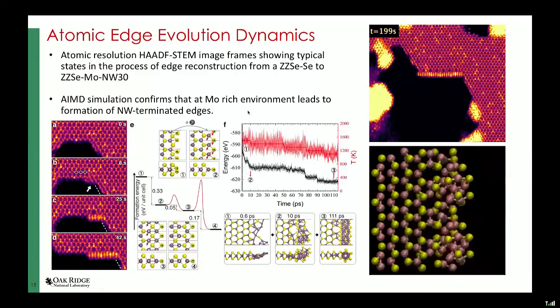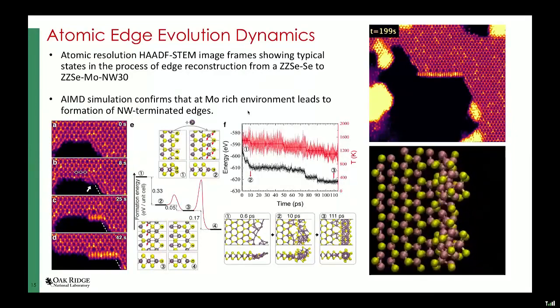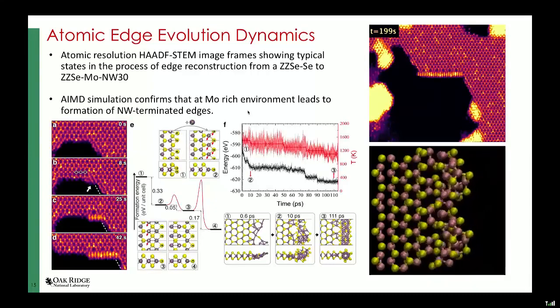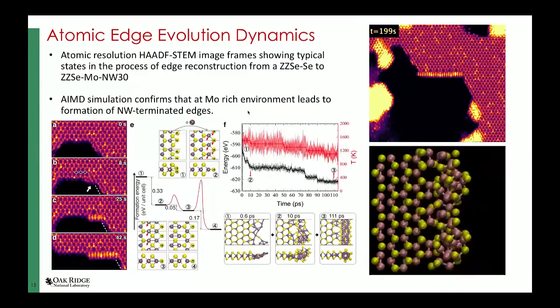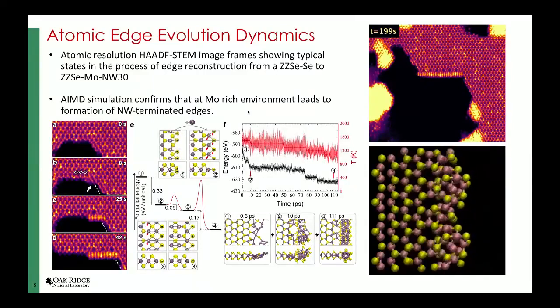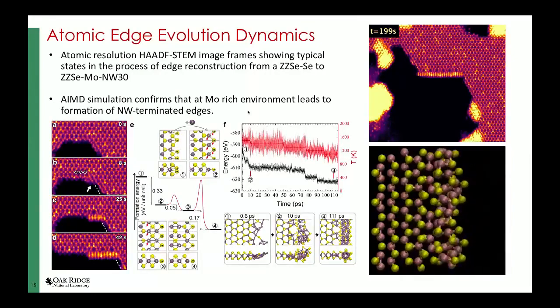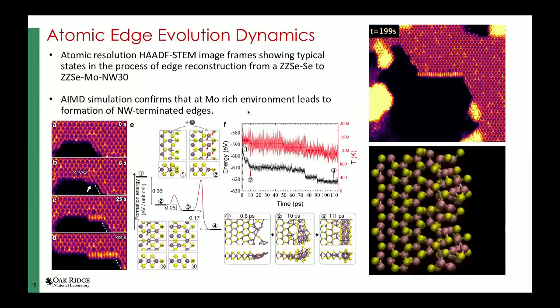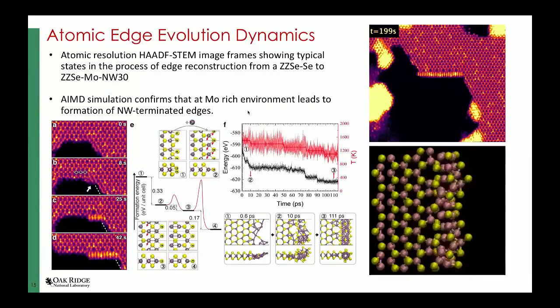Of course, the time scale in molecular dynamics simulations versus what we can do in in situ microscopy experiments is a big difference. We're talking picoseconds for the MD simulations to seconds per frame for the STEM image sequences. However, the end result is roughly the same in that we're able to use the microscope to visualize the transformation products, and we can use theory to help guide and understand the transformation products that form from a thermodynamic point of view.